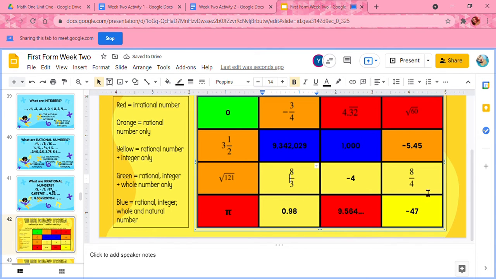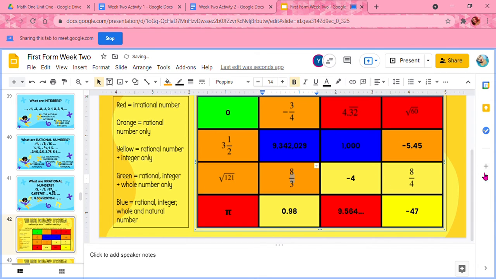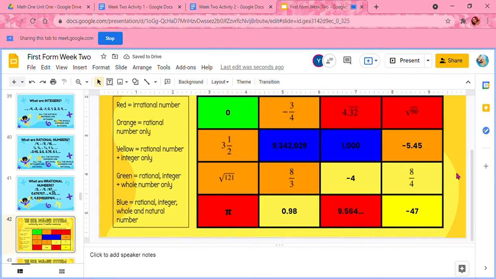8 over 3. Where do the fractions go? Rational. Very good. What about negative 4? It's an integer.